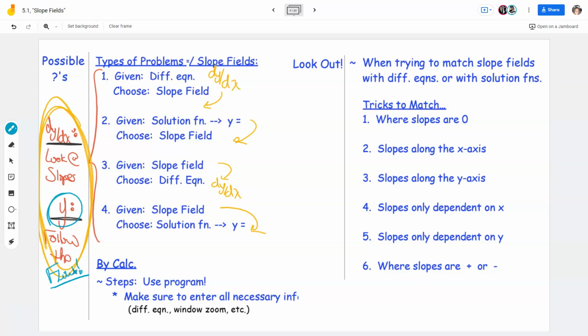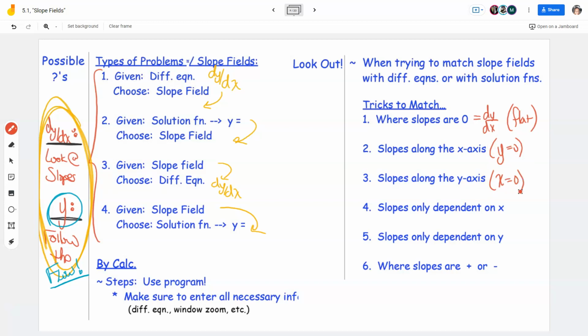I think these are some of the things that you guys already used today. Where are the slopes 0? dy dx, remember those are going to be flat tangents. Slopes along the x-axis happen when y is equal to 0, and along the y-axis when x is equal to 0.